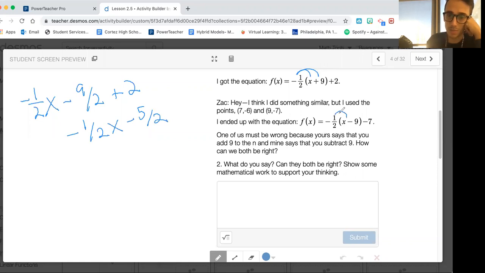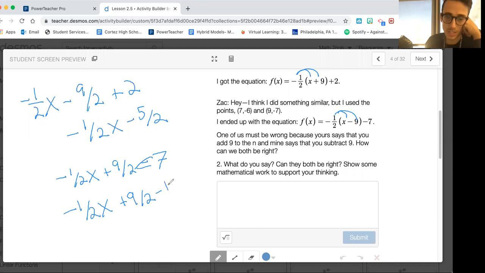Is that going to be the same thing here? Let's try it. This would be negative 1/2 x plus 9/2 minus 7, whole number 7. Eventually, you can rewrite this as negative 1/2 x plus 9/2. If you want to cross multiply, you'd be subtracting 14/2.